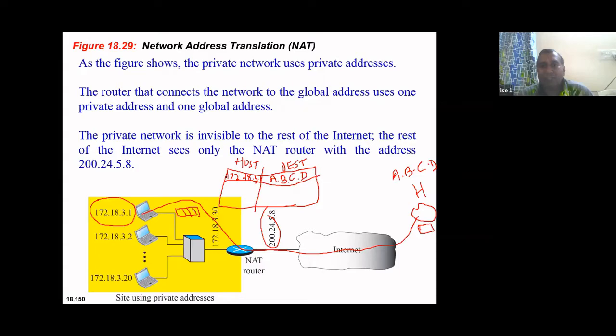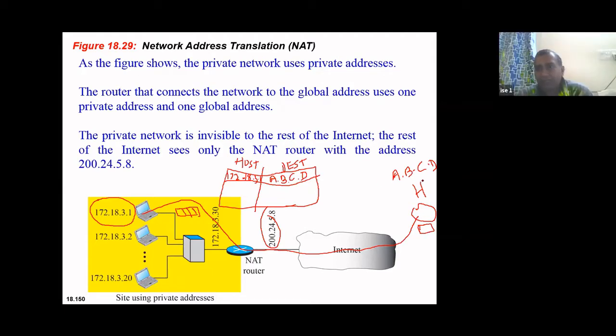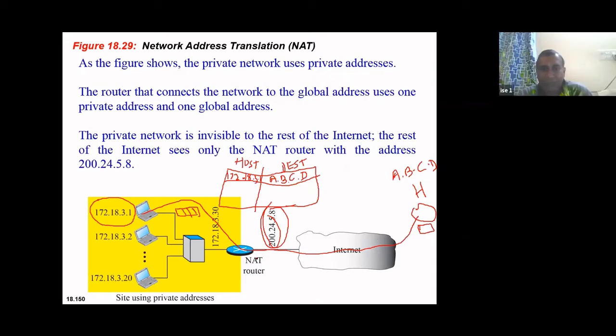So the host is 172.18.3.1, the sending host, and the destination is this. When the destination sends a packet, this is the source address and the destination address is the network address. When this packet reaches the NAT router, it will check its network address table.